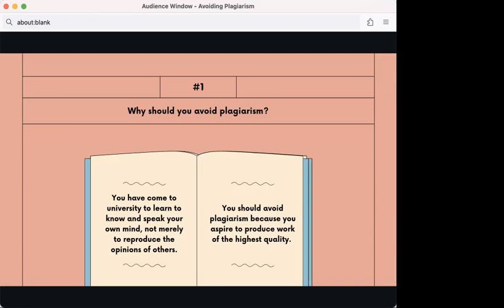By committing plagiarism, students are actually avoiding an essential part of the learning process. So you have to avoid plagiarism because you need to grasp the principles of sourcing by using citation, and you should find it relatively straightforward to steer clear of plagiarism.